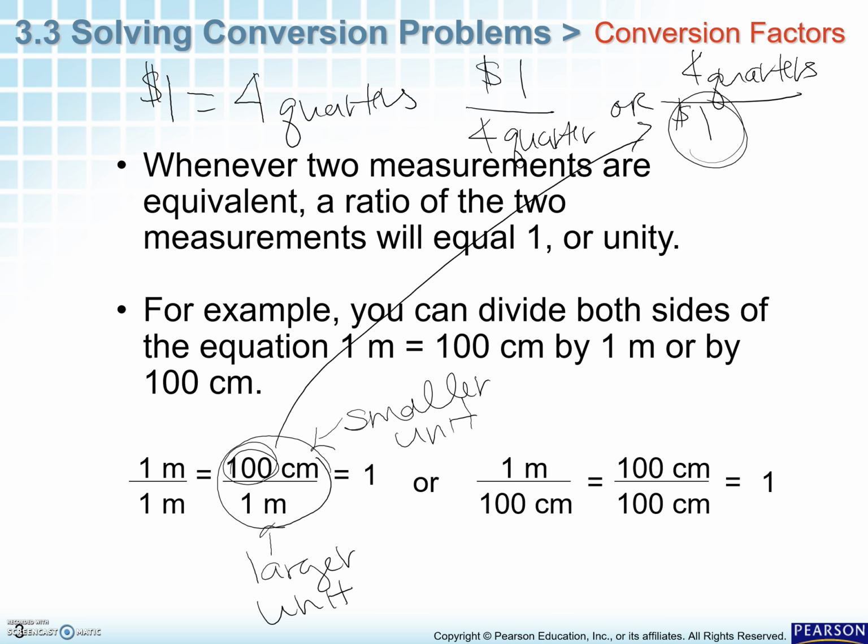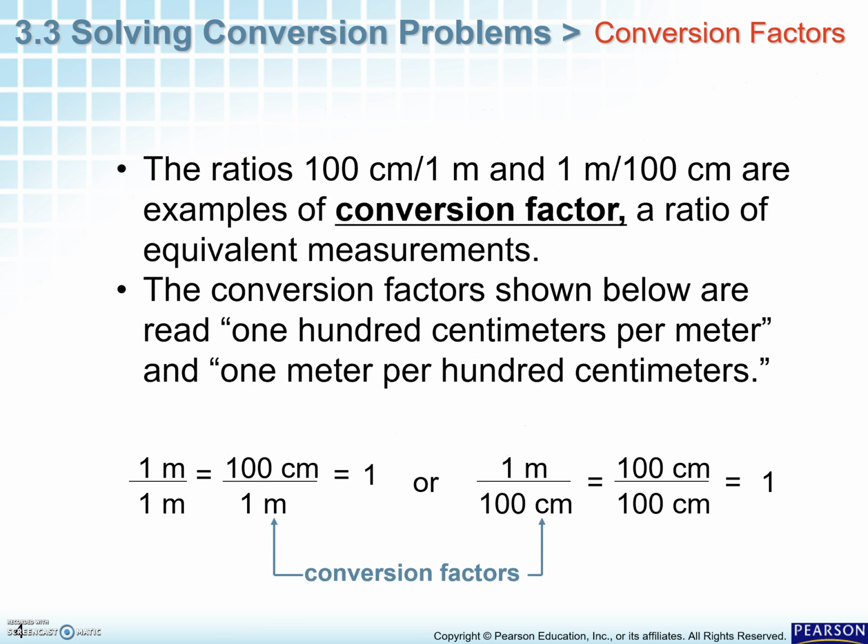You can use the same idea in reverse, where you put the larger number on top and the smaller number on the bottom, as long as you keep the larger unit with the 1 and the smaller unit with the larger number. The ratios that we just went over are called conversion factors.